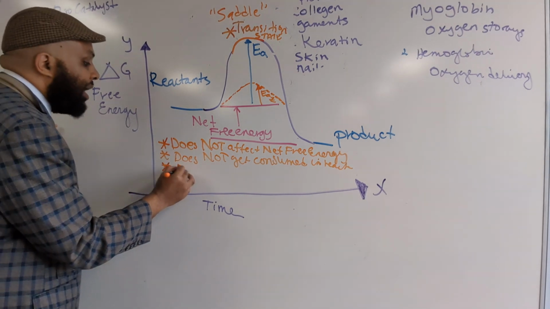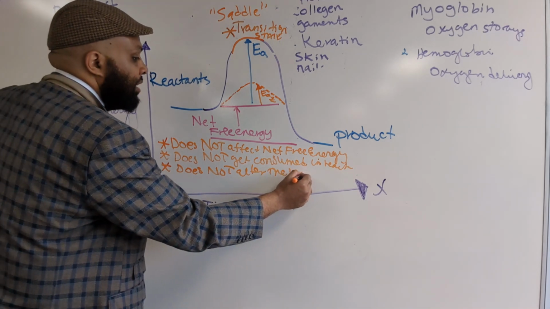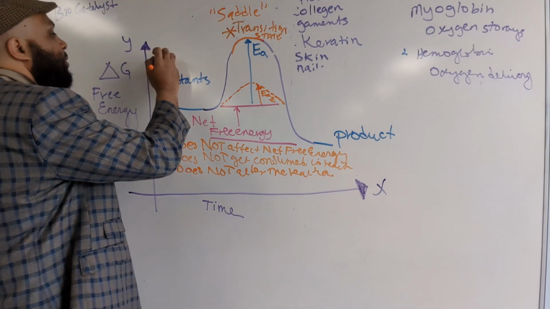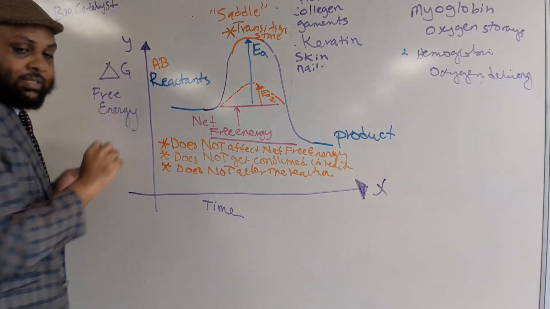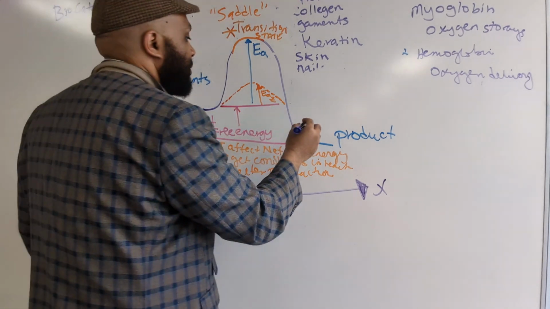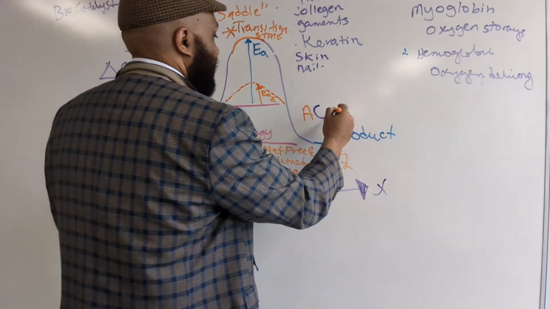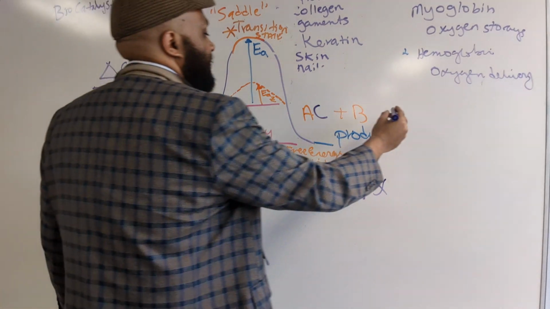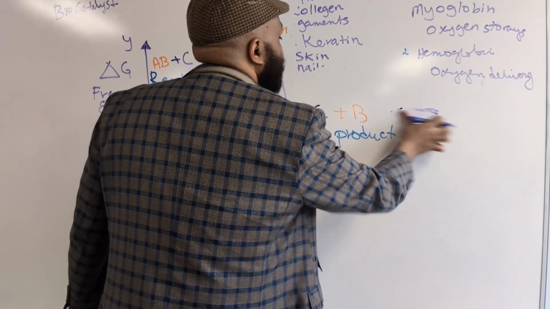And number three, it does not alter the reaction. Let's say I'm supposed to have this type of reaction: AB plus C, and I'm supposed to get AC plus B. The enzyme is not going to say, let me give you AC plus D instead.